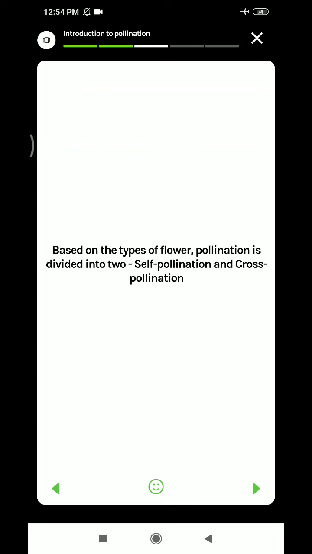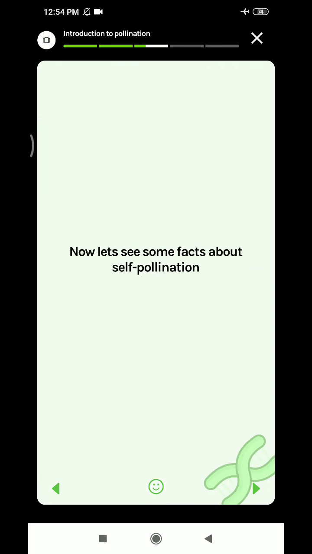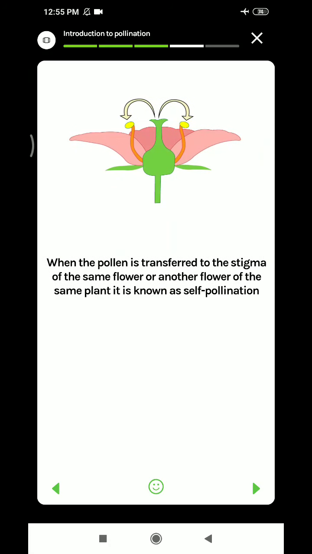Based on the types of flowers, pollination is divided into two types, that is self-pollination and cross-pollination. So let's see about self-pollination. You can see this is a flower. You can see the stigma, the green structure, and the yellow one is the anther.